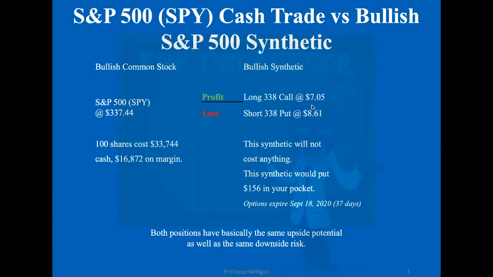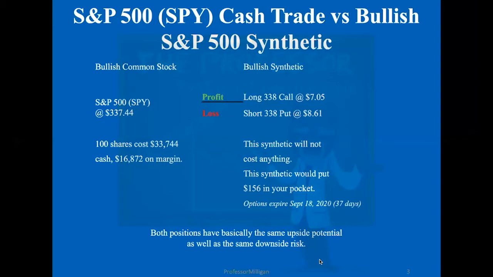Now, here's where the numbers get interesting. This call cost $705. This short put puts $861 in your pocket. Therefore, this bullish synthetic is not going to cost you anything. In fact, this bullish synthetic will put $156 in your pocket.